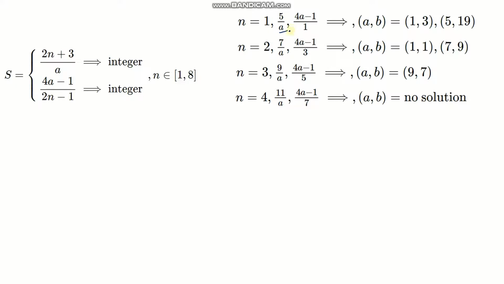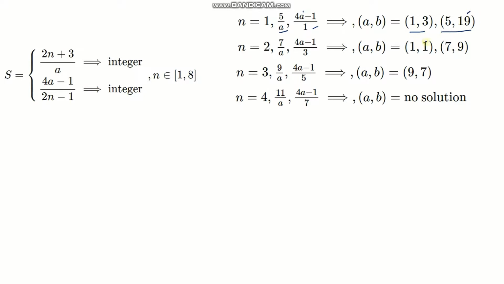We must also satisfy the second condition, that (4a − 1)/(2n − 1) must be an integer. Under n equals 1, we have ordered pairs (1, 3) and (5, 19), since 4 times 1 minus 1 is 3 over 1, still 3, and substituting 5, 4 times 5 is 20, minus 1 is 19.